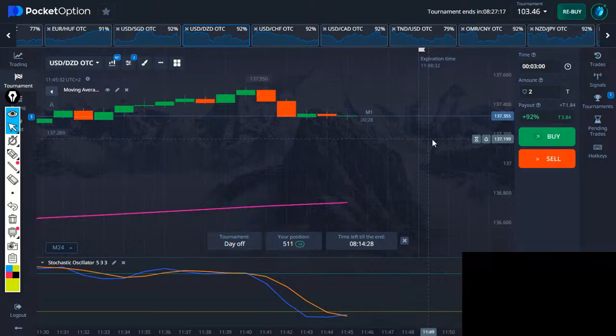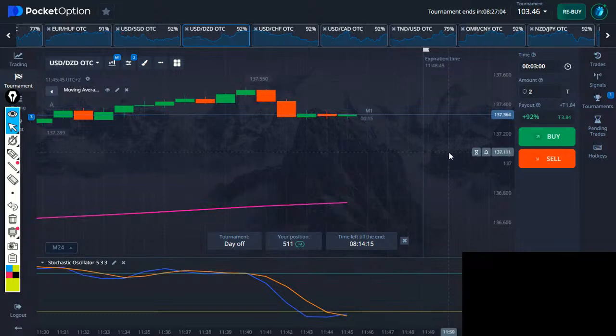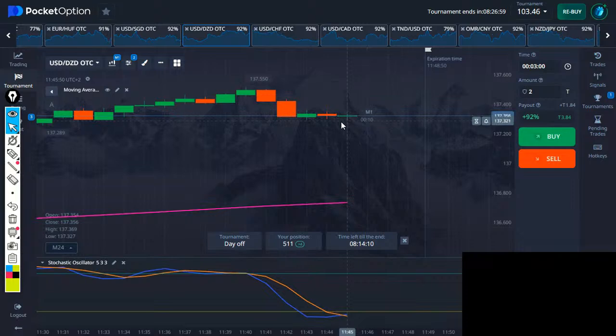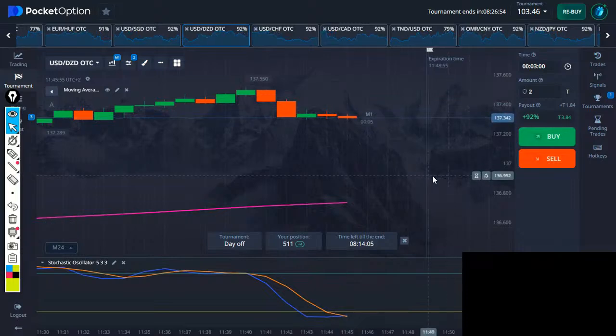Oops. It's already starting to cross. I prefer to see a strong green close. It's not gonna happen. So we're gonna see the two lines tight at the next candle.